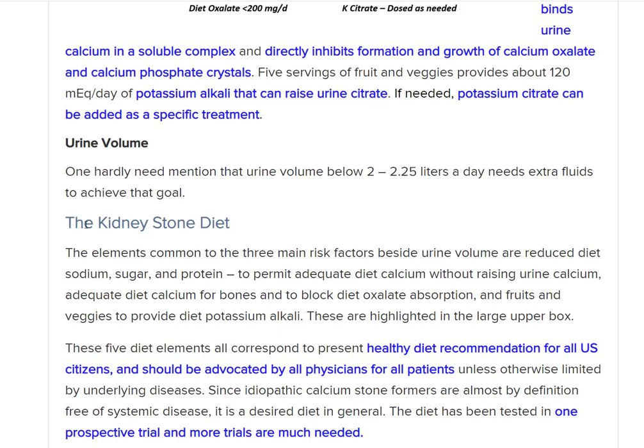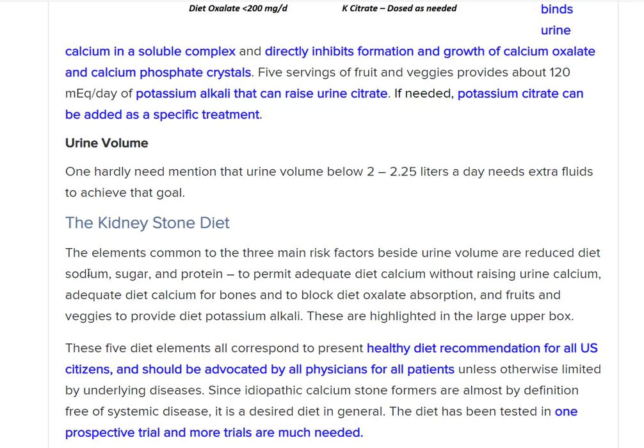The so-called kidney stone diet is just a name that we made up to contain all of the things you just heard. The 5 diet elements correspond to what I just said, which is that you want reduced diet sodium, that's to block calcium loss.